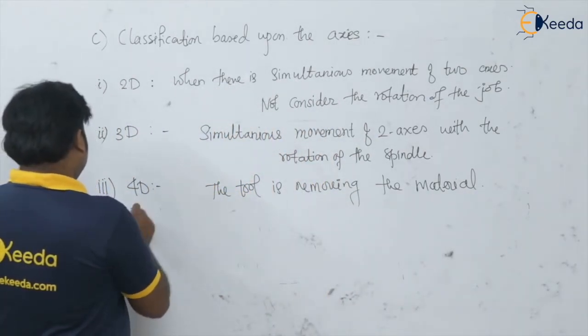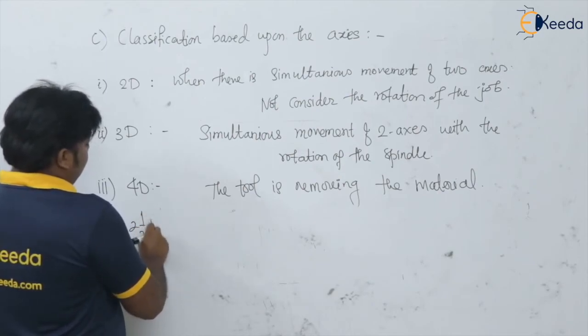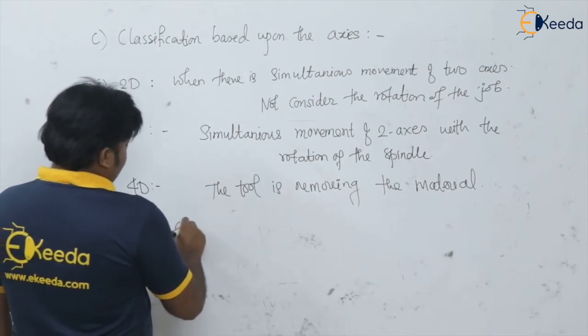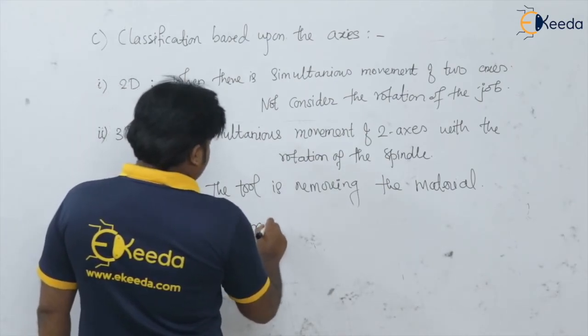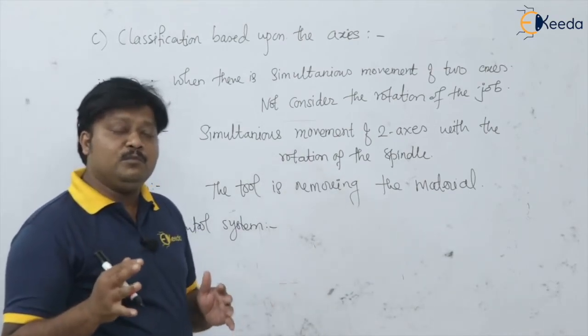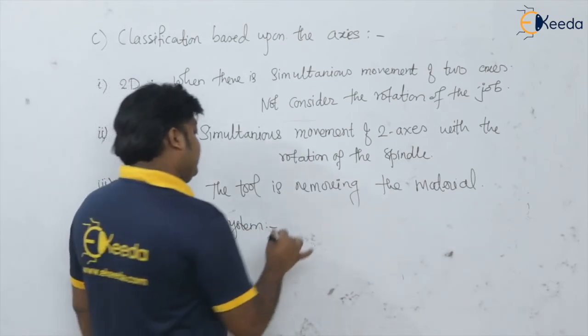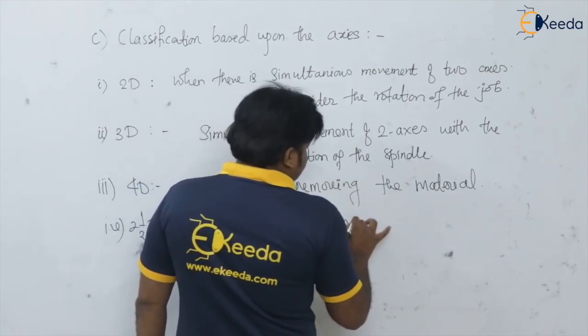So see here, after 4D we have the 2.5D control system. What is it here in the 2.5D control system? Here we have programmable movement along all three axes, that is x, y and z.